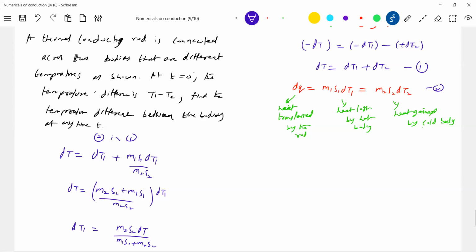So now let me get into the calculation part. H is equal to KA delta T by L. What is T? Temperature difference. Already we wrote it. What is H? H should be equal to dQ by dt. What is dQ? Heat lost by the hot body, minus m1 s1 dT1 by dt. That should be equal to KA.